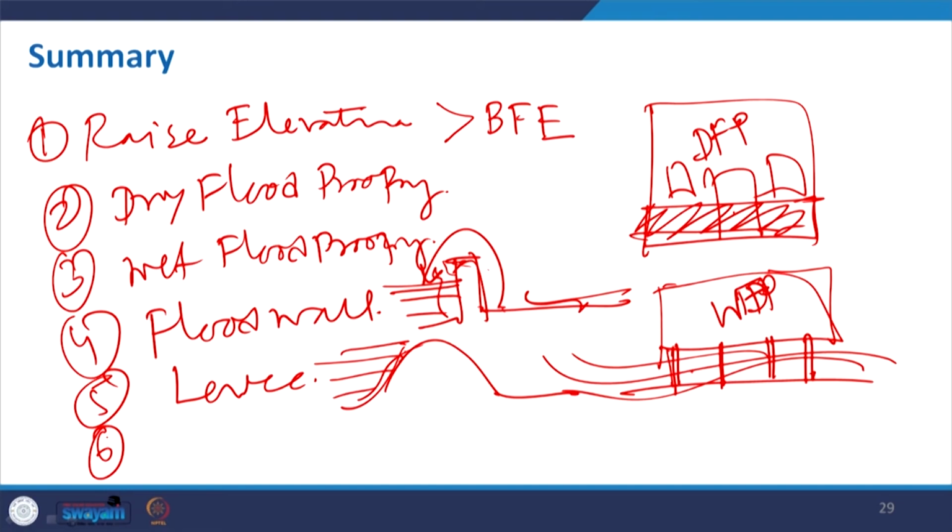And if you do not have this option to lift it up, or you have other concerns, then probably you have to go with the dry flood proofing, where you have to provide the proper shield during this flood situation, by which we can reduce it. And definitely with the previous discussion as well, the wind, then seismic activity, this flood, if an area is a multi-disaster prone area, definitely we should be very much careful.